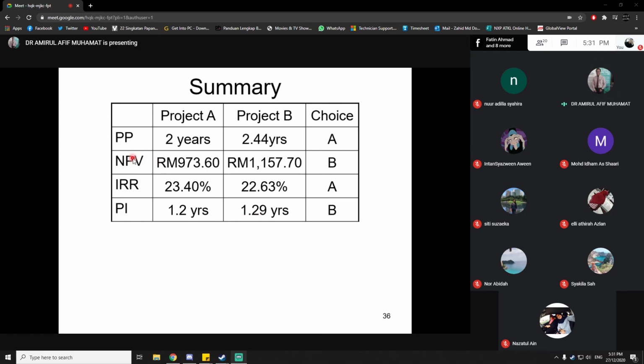So basically whenever you do NPV, normally you will do the PI as well. So this is capital budgeting and it helps the company to choose or to evaluate in terms of project which one is profitable, especially if you have more than one project as alternative to be choose.